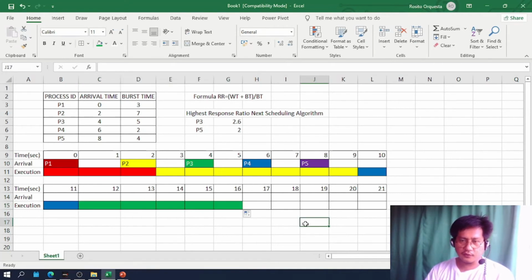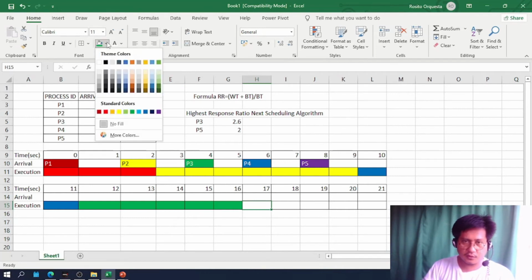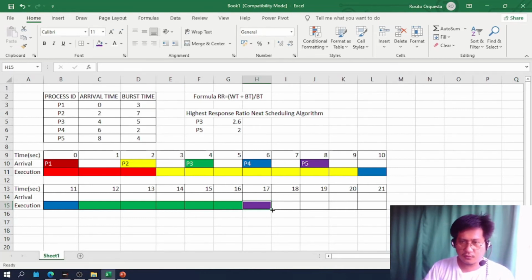And for the last one, now that it's only P5, we give the last time slices to P5. P5 has a burst time of 4: 1, 2, 3, 4. Okay.